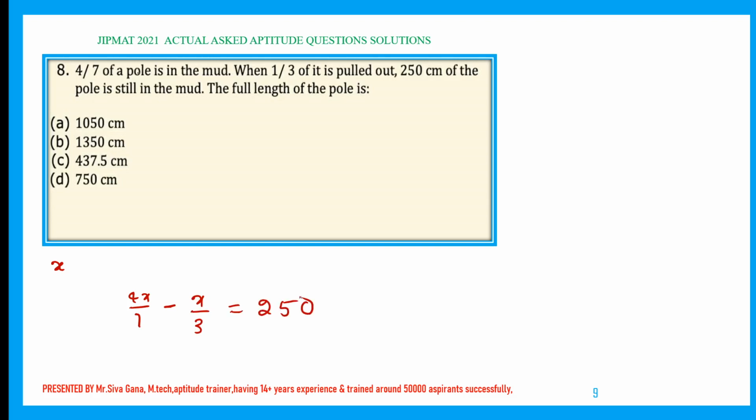That's it. It's simple, right? So 4x by 7 minus x by 3, 21 denominator, 12x minus 7x, 5x. So 5x divided by 21 is nothing but 250. 21 into 50 is 1050, which was there in the option. Fix it.